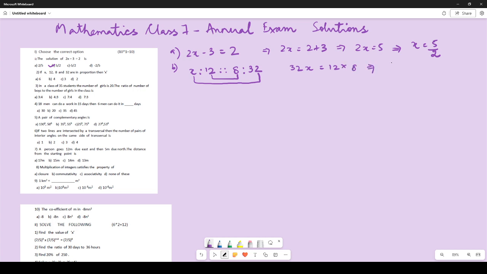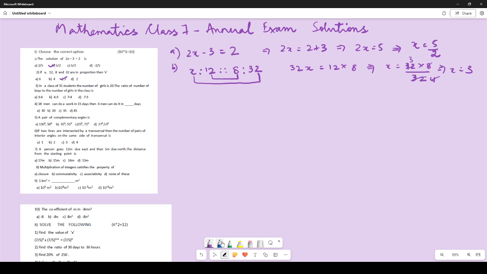So this implies x equals 12 into 8 by 32, right? 8 4's are 32, 4 3's are 12. So this implies x is equal to 3. So this will be the correct answer, right?